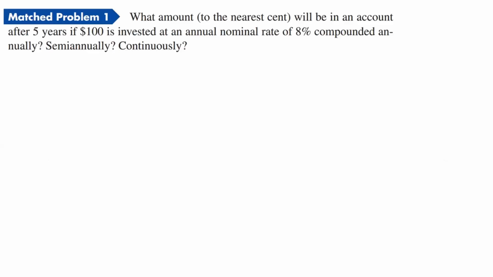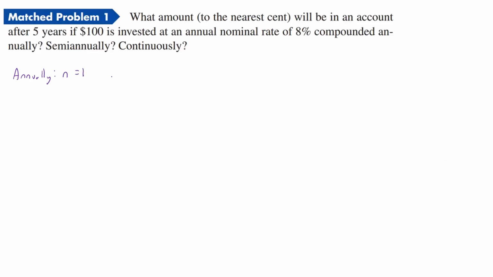It says, what amount to the nearest penny will be in an account after 5 years if $100 is invested at an annual nominal rate of 8% compounded annually, semi-annually, and continuously? All right, so we're going to have three equations basically. The first one we're going to do is annually. What does that mean? That means m is equal to 1.